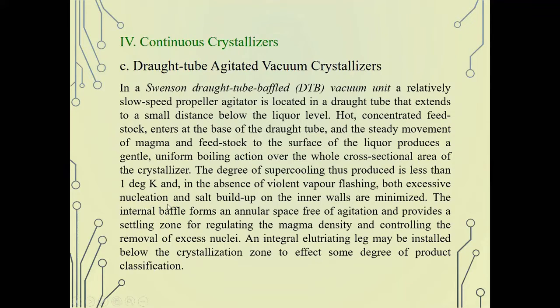The purpose is for the old nuclei to grow to a certain size so that they are ready to be withdrawn from your crystallizer and new ones processed. But this is also processing the feed in mixed suspension type, just like the previous one, the letter B.